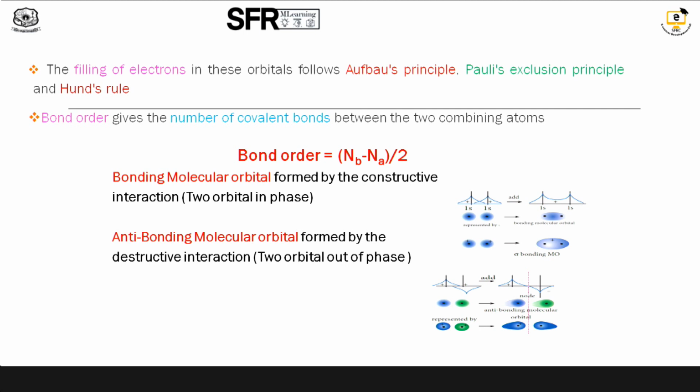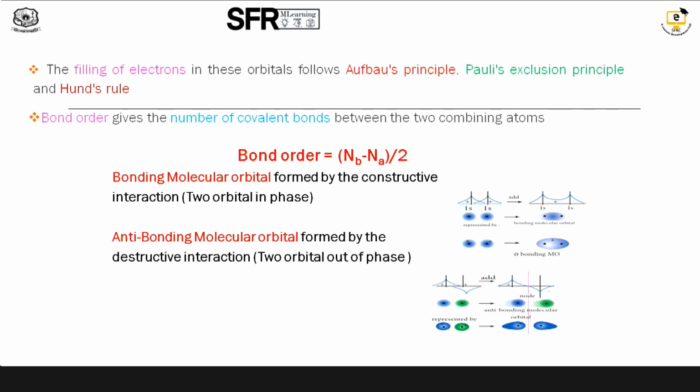For example, if the bond order is 2, it means the number of bonds present between the two atoms is 2. If the bond order is 0, it means that, based on MO theory, no such molecule exists. These are the concepts explained through bond order.